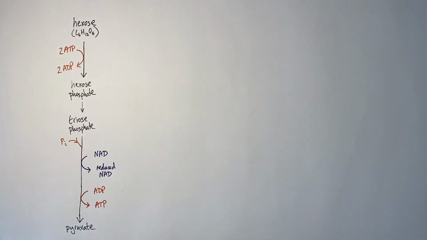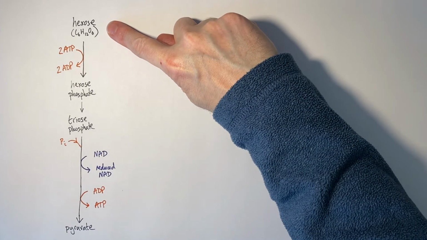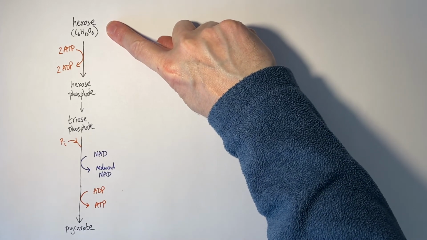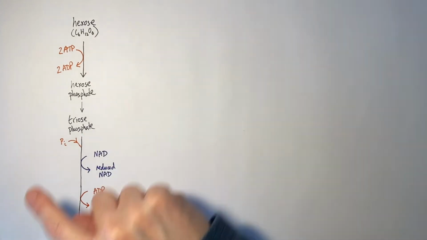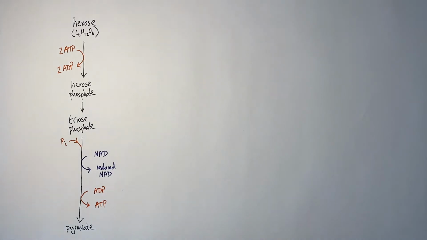Now, the only thing you need to be aware of are the names of the reactions that are taking place and how many molecules are involved. So here we've got 1 hexose molecule. 2 phosphate groups are added to that hexose molecule.